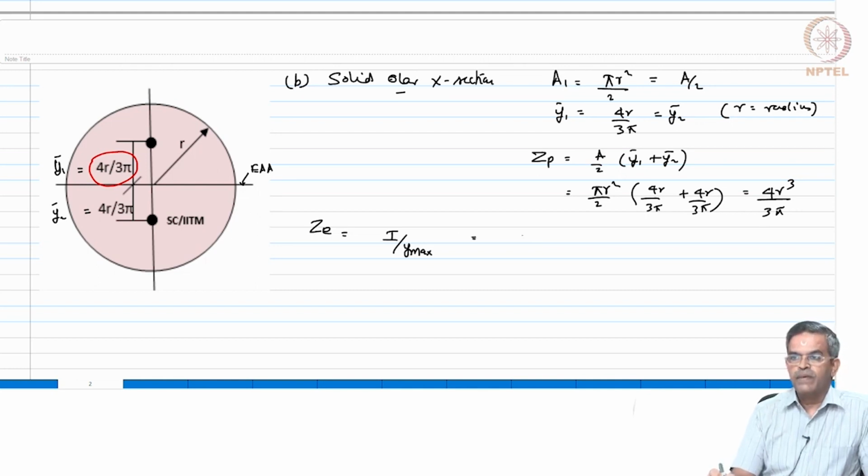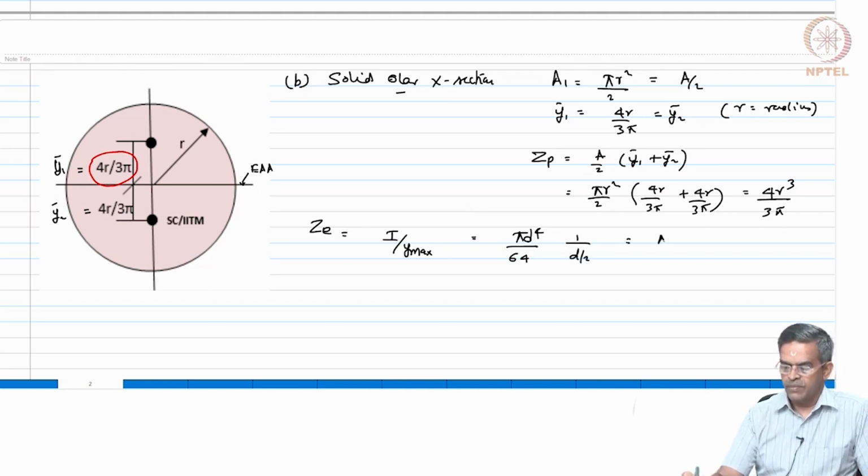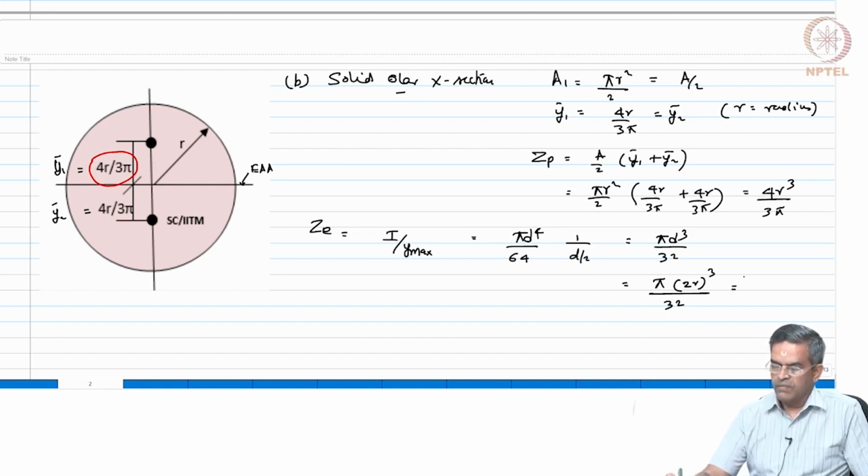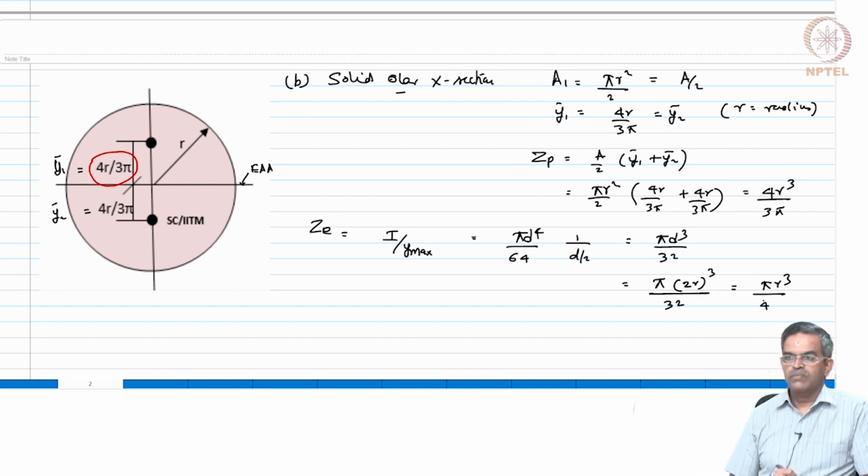That will be pi d power 4 by 64 divided by d by 2, which is pi d cube by 32, which can be expressed as pi times 2r the whole cube by 32, which will be pi r cube by 4.